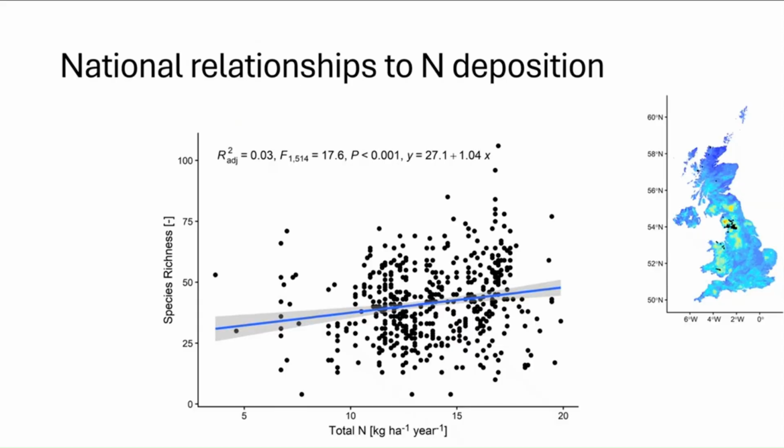We were able to look at the national patterns, but what we see is huge variability. We have very noisy data. There's no clear relationship between species richness and nitrogen deposition.